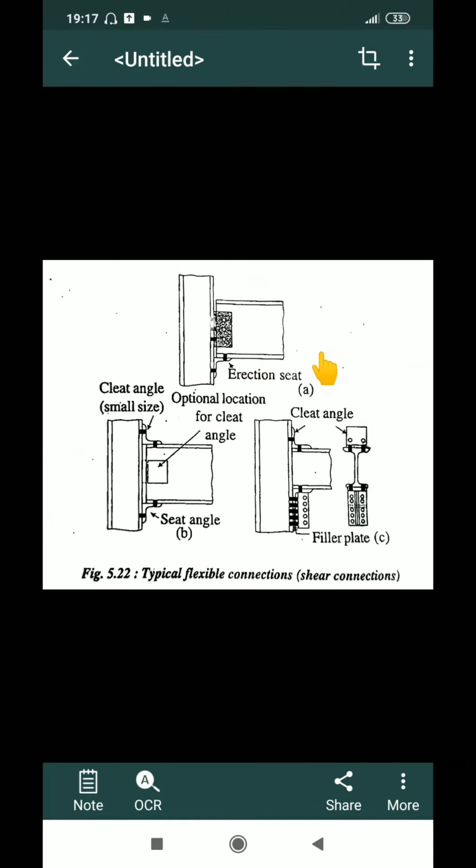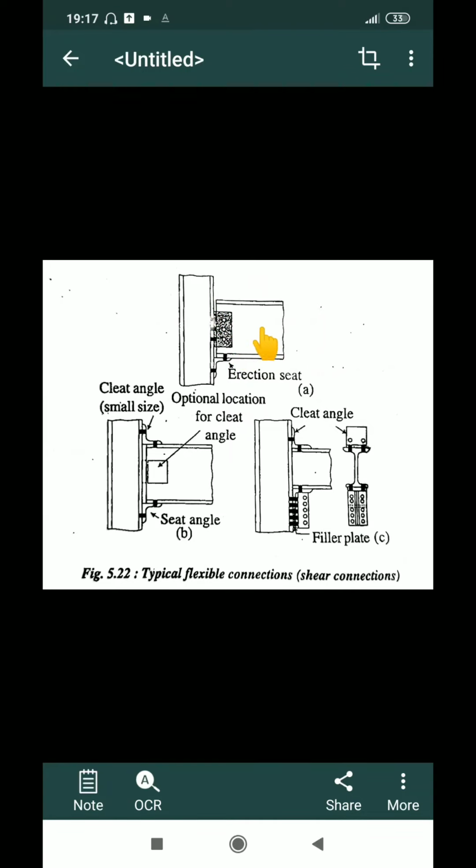Now if you see, this is the length of the beam, whereas this is the length of the column. So you can see flange in the vertical direction in the column and flange in the horizontal direction in the beam.